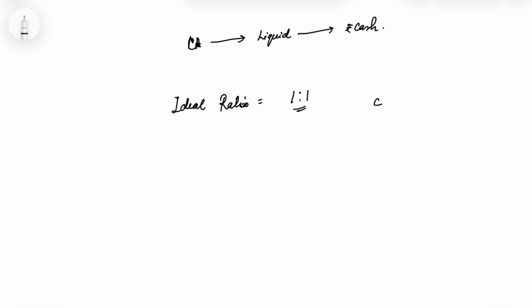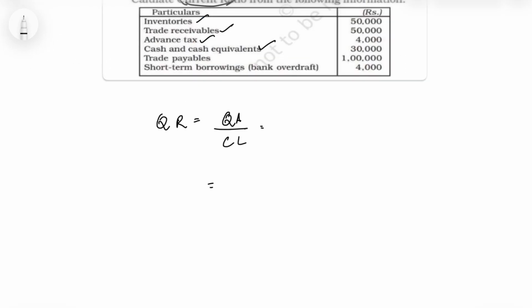So basically, for the quick ratio, the total of current assets is 1 lakh 34,000, made up of inventory, trade receivable, advance tax, and cash and cash equivalent.